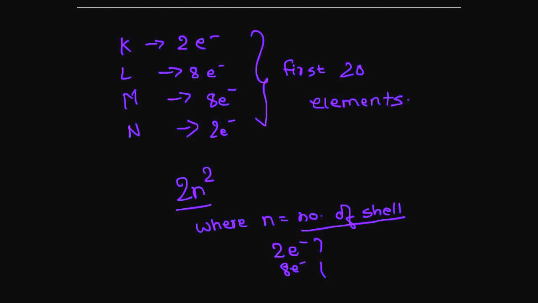Now, what we'll be learning in this chapter is not about cells but about suborbitals, that is SPD suborbitals. There are basically 4 types of suborbitals.